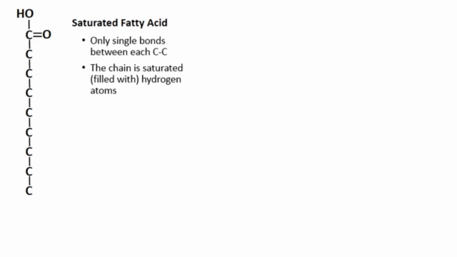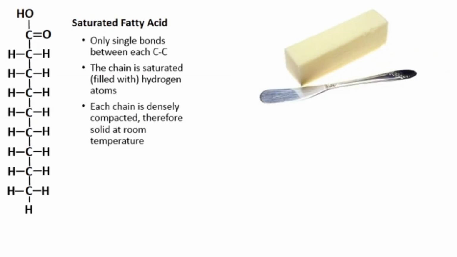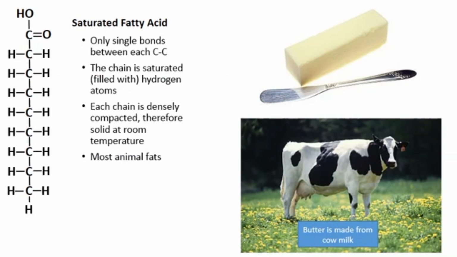It is called saturated because the rest of the carbon atoms' bonds involve hydrogen. The chain is completely filled, saturated with hydrogen atoms, with carbon bonding 4 times. This saturated fatty acid chain is densely compacted, therefore solid at room temperature, such as butter.